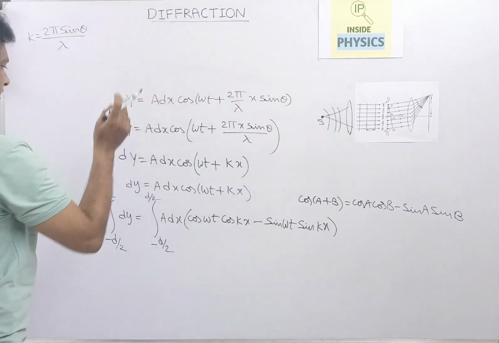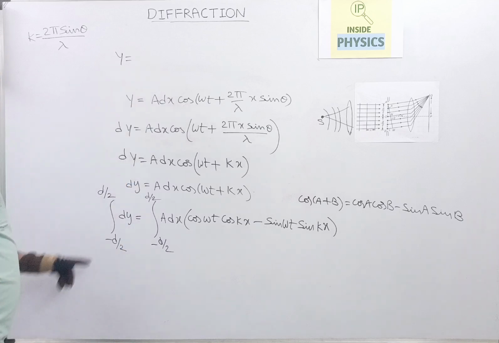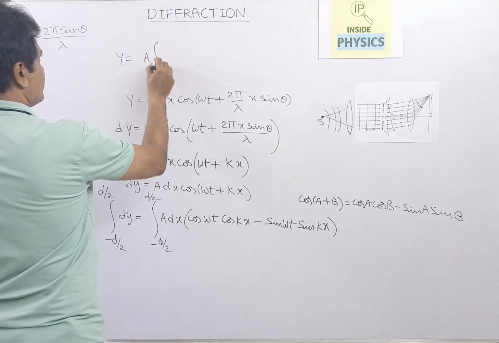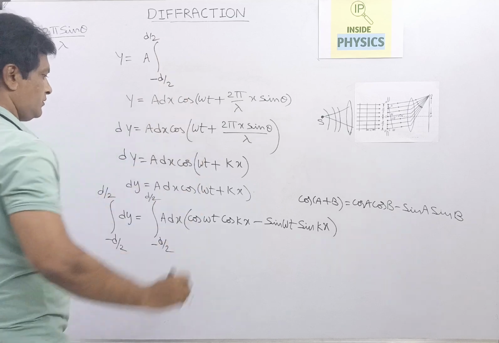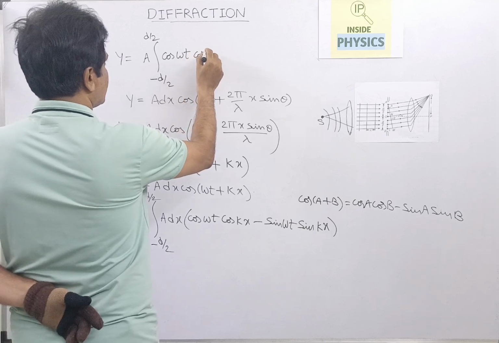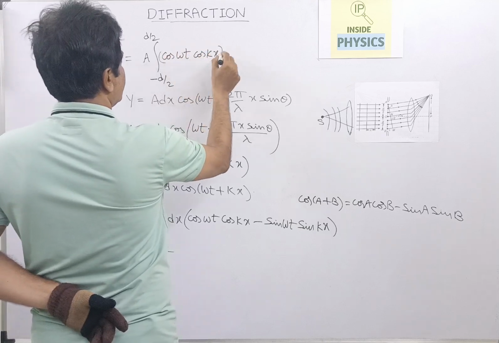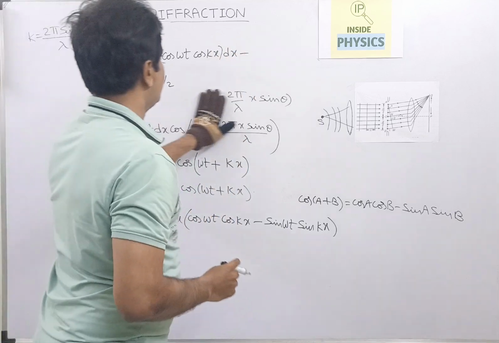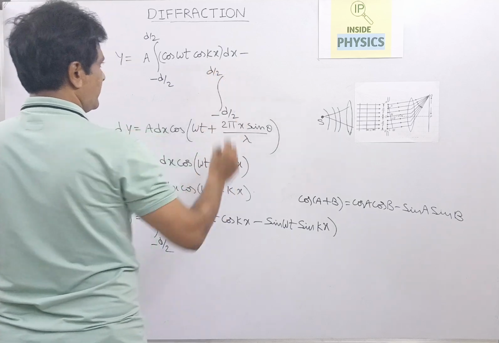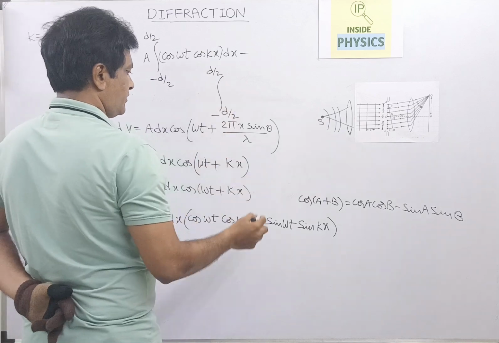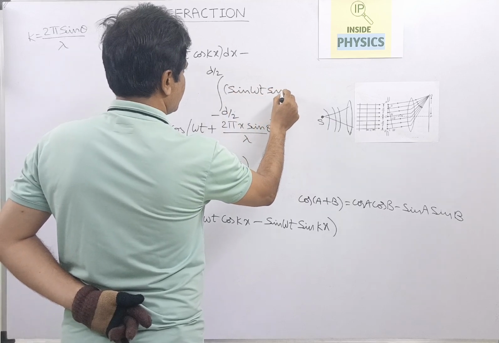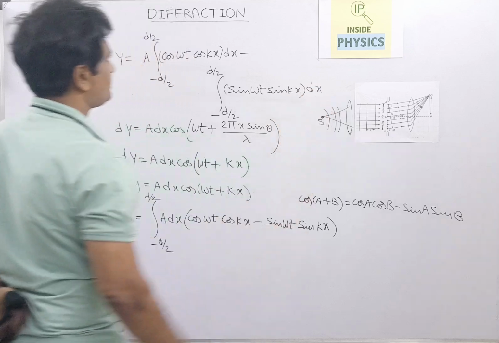So from this I am writing y is equal to the integration of dy between the limits, which will become y, and this will become minus d by 2 to d by 2 of cos omega t cos kx dx minus, I can write the integration divided into two parts, minus d by 2 to d by 2 of sin omega t sin kx dx.